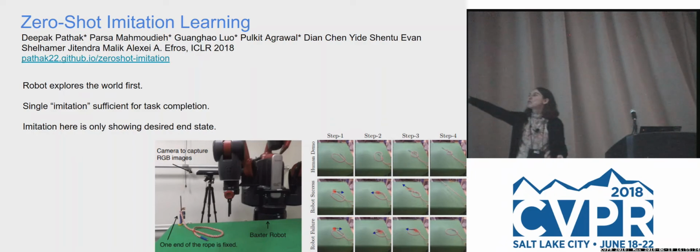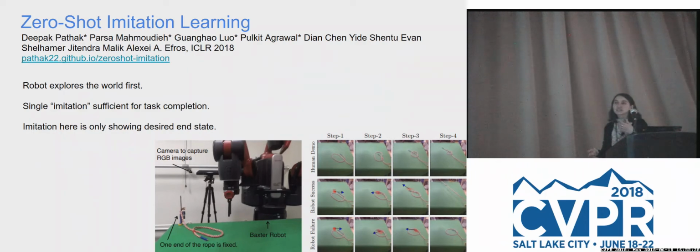Let's say here, step 1, step 2, step 3, step 4. And because the robot had played with the world, so to speak, and has opportunity to explore and can try trial and error until it gets to these states, there is still a chance to learn this very successfully, and this paper showed that it can be done, and it's actually very cool.